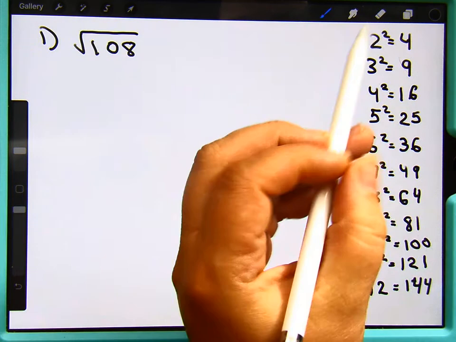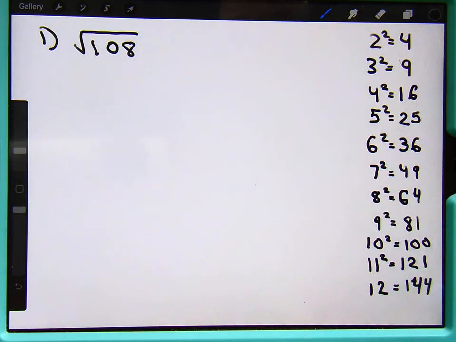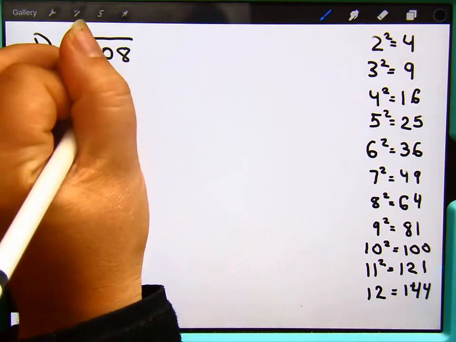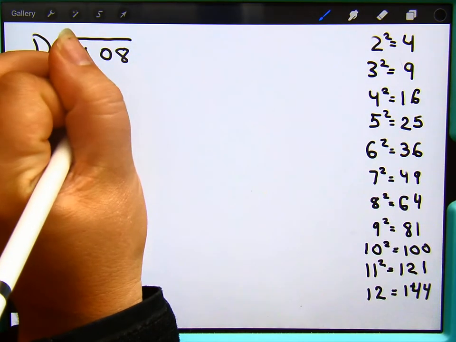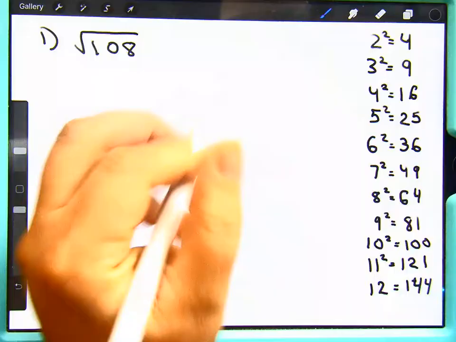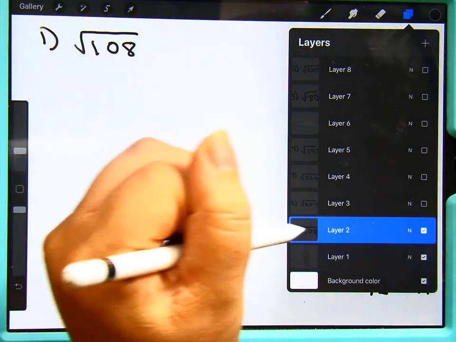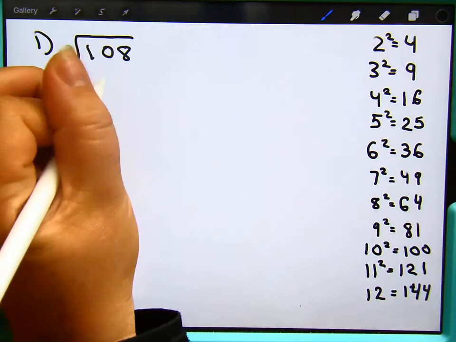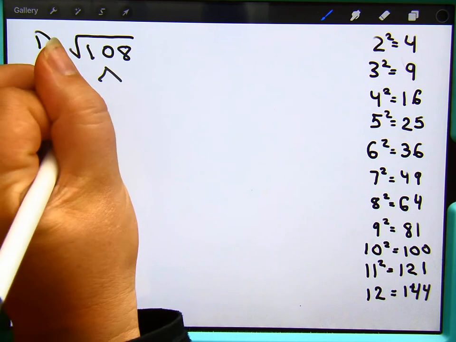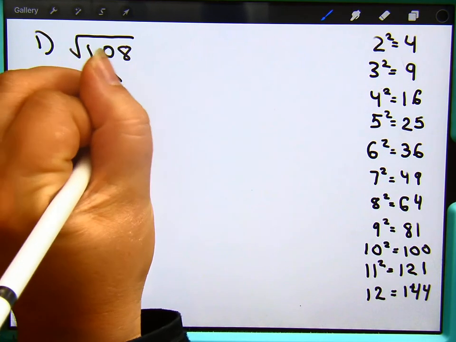Let's start with 4. What is 108 divided by 4? If you divide this by 4, you get 27.